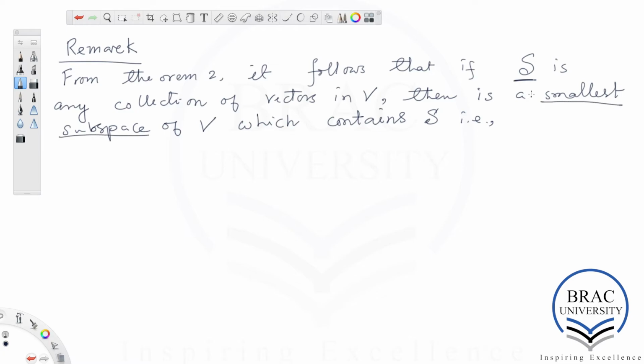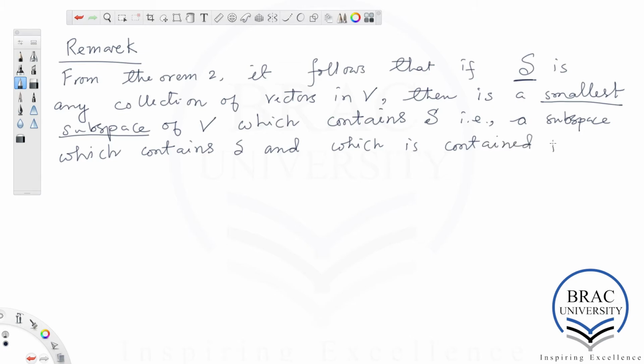That is a subspace which contains S and which is contained in every other subspace containing S.